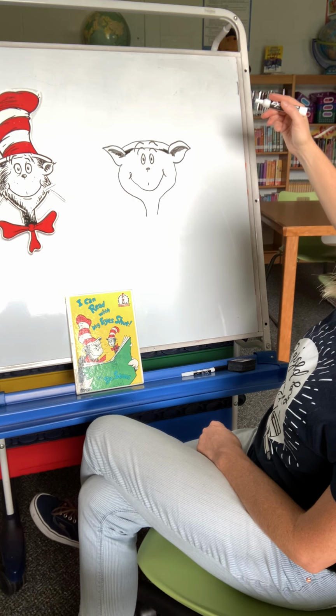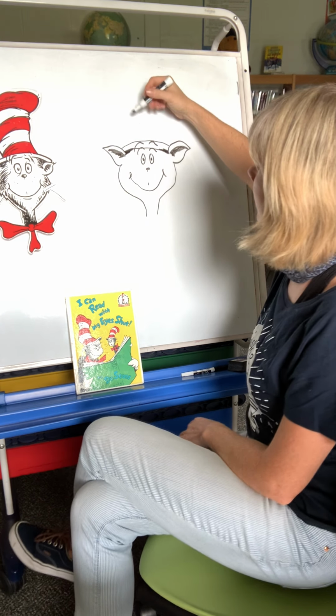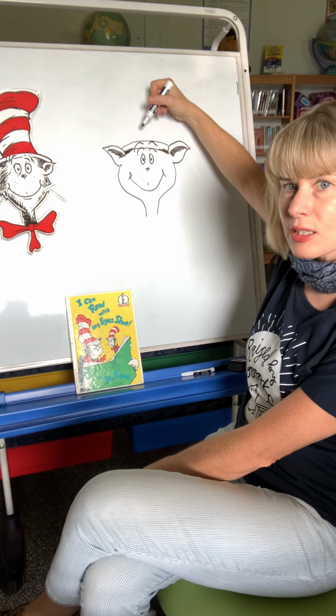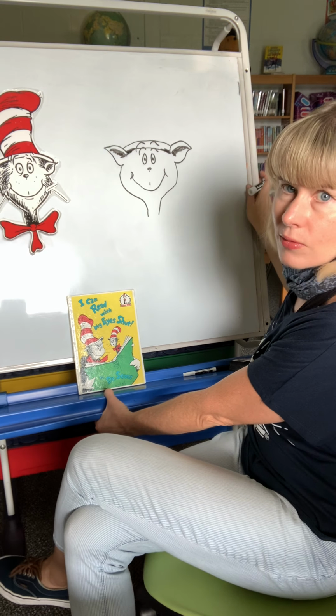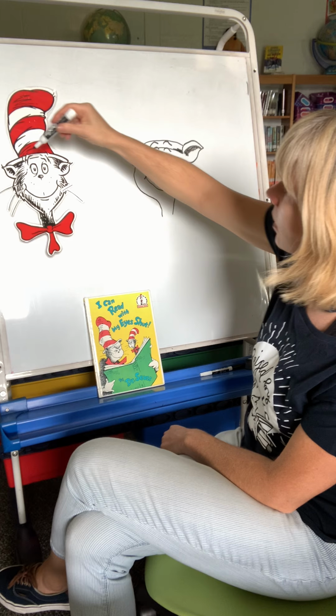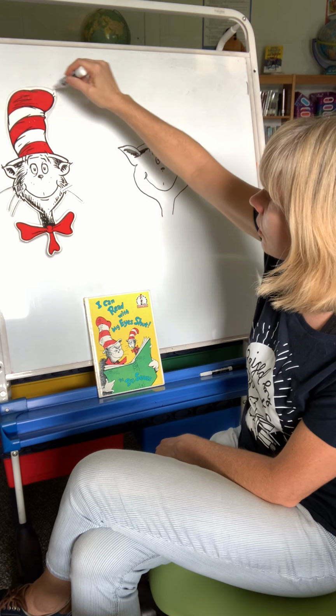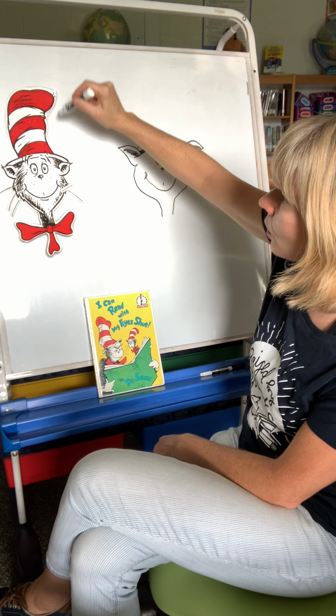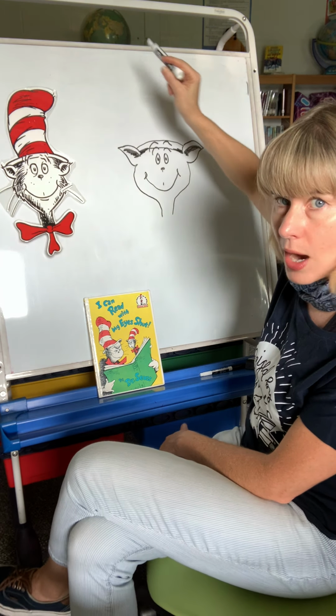Alrighty, let's go ahead and draw that hat. The hat does look a little bit like a rectangle, but it's not a complete rectangle because it's a little curved, because his hat flops over a little bit to the right, so we want to let our hat flop over to the right a little bit too.